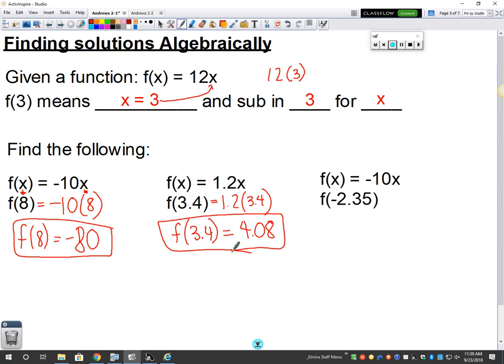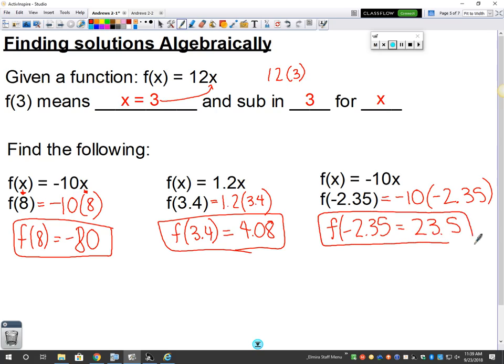Okay. Last one. Negative 10 times negative 2.35. So f of negative 2.35 equals positive 23.5.